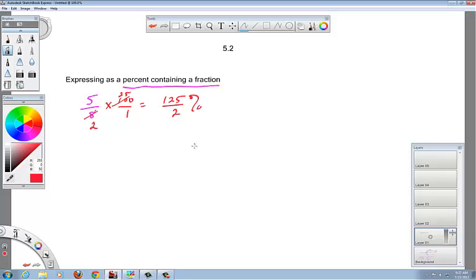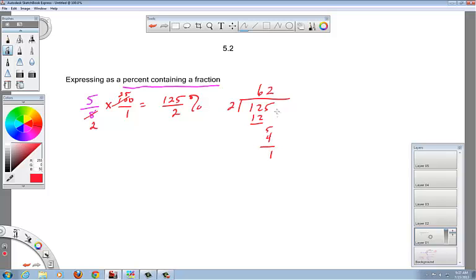Even though you could put a percent sign here, it would be better to just divide this like so, and see what happens here. So this would be, let's see, as a mixed number, it would be 6, 12, bring the 5 down, 2, 4 with 1 left.